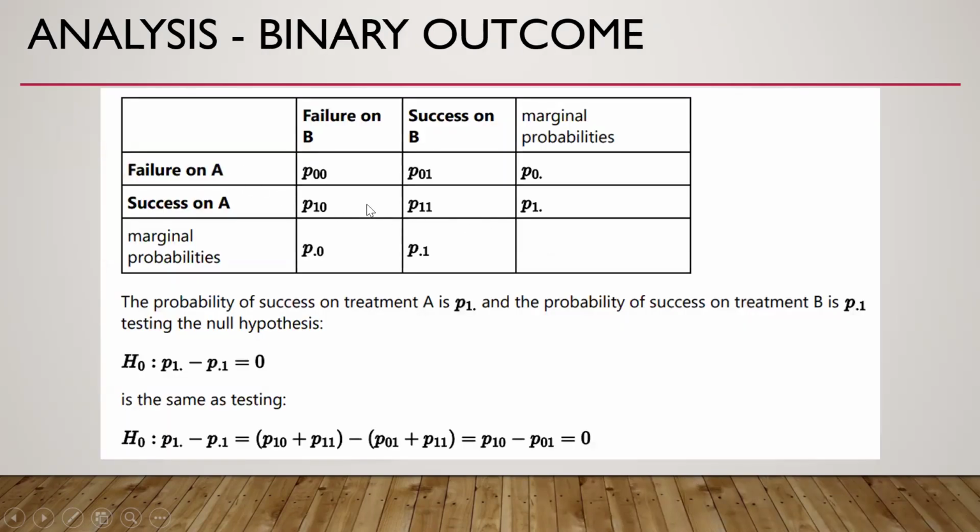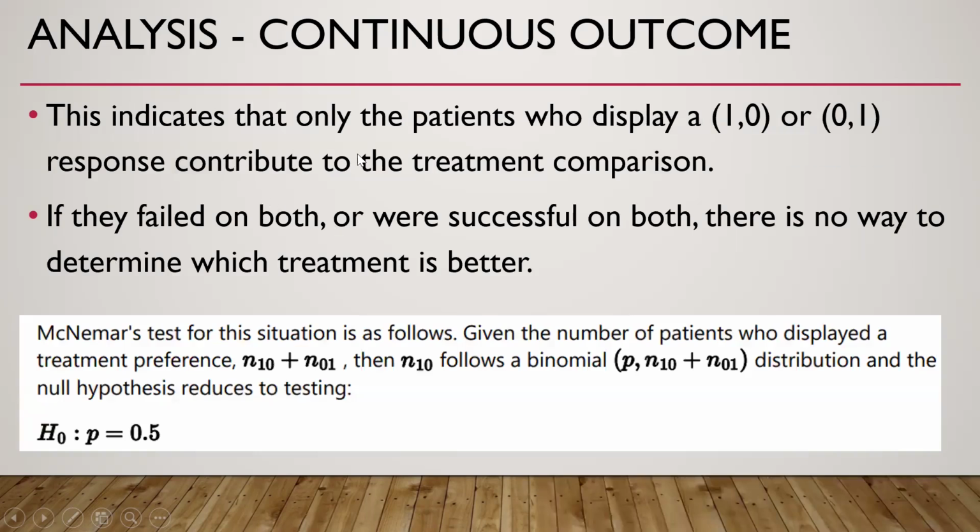Similarly, for binary outcome, this is the nomenclature, and this indicates that only patients who display either 1-0 or 0-1 response contribute to the treatment comparison, because if an individual is unsatisfied with both the treatments, then it does not affect the result. And if an individual is satisfied with both the treatments, again it will not affect the result.